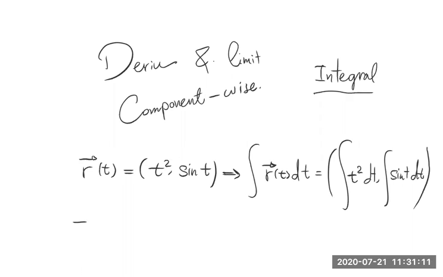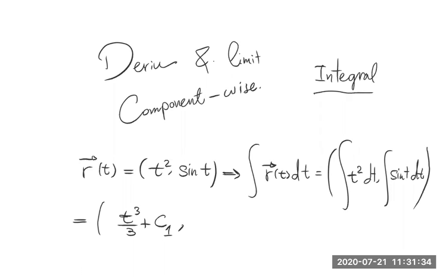What is the integral of t squared dt? Plus a constant. Let's show the constant with C1: t cubed over 3 plus a constant.